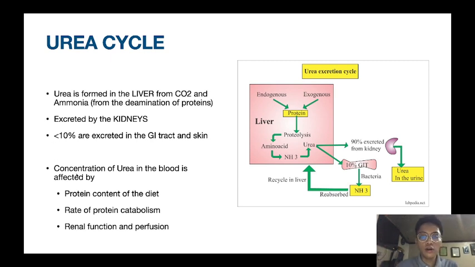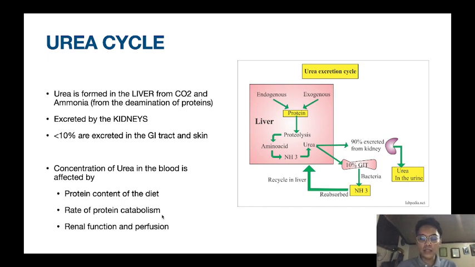The concentration of urea in the blood is affected by several factors. What will affect the urea concentration? First, the protein content of the diet, because it is a product of protein metabolism, or protein catabolism. Next, the rate of protein catabolism.